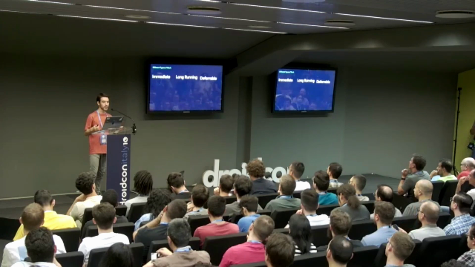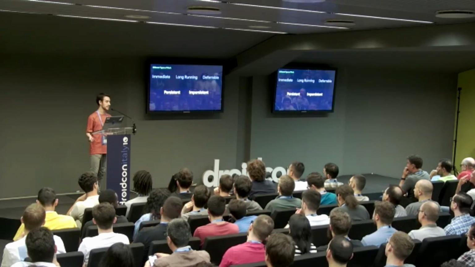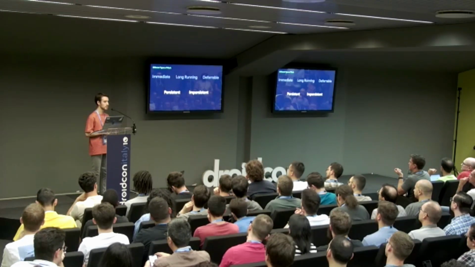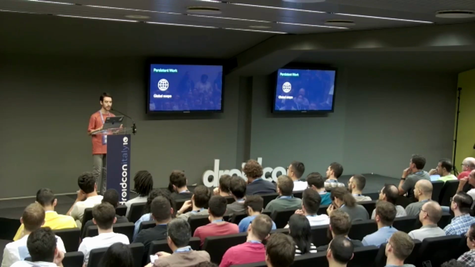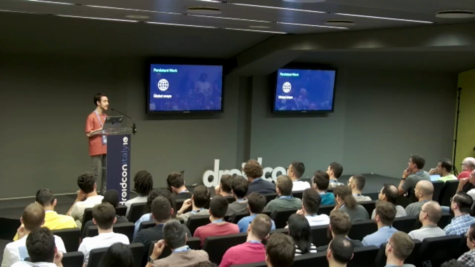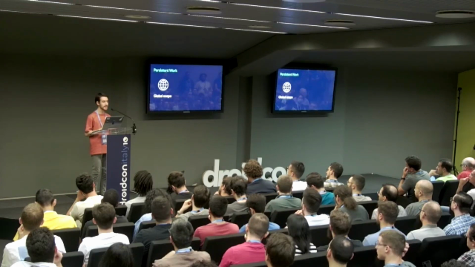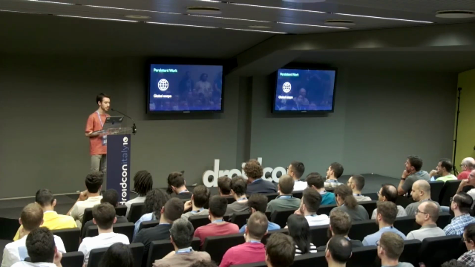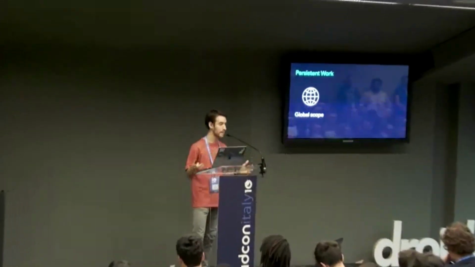Also, more categories. We can introduce persistent work and impersistent work. To know more about persistent work: persistent work basically has a global scope. What does that mean? It isn't tied to any component of your application. So persistent work isn't tied to an activity, so it has to survive configuration changes, for example. It isn't tied to a view model or the app entirely.